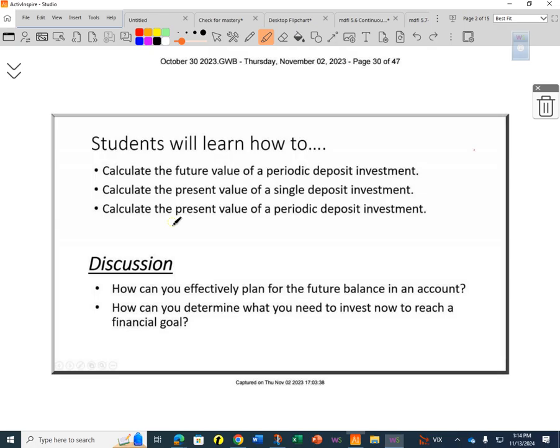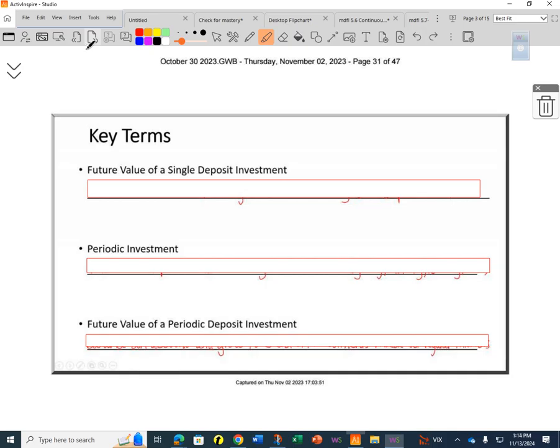So if we have an instrument to help us figure out how much we need to deposit in order to have a certain amount of money in the future, that could be helpful to plan our financial future.